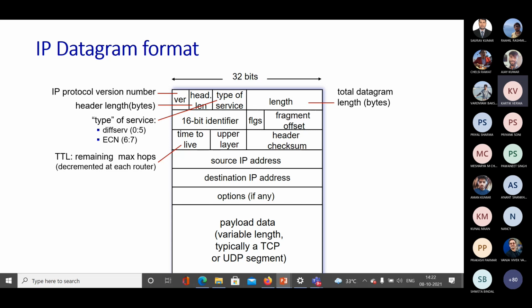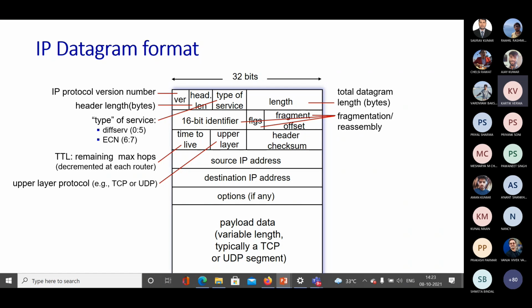So if the TTL field is, suppose, 8, at every hop that counter will be decremented. Once it reaches 0, even if you don't reach the destination, the packet will be dropped. This is what the time to live field means.